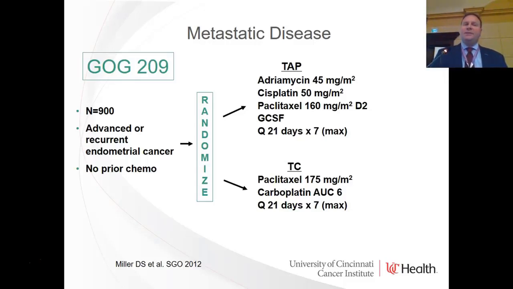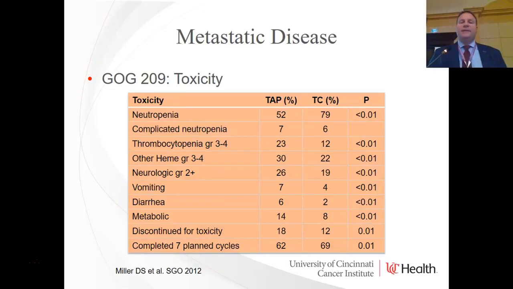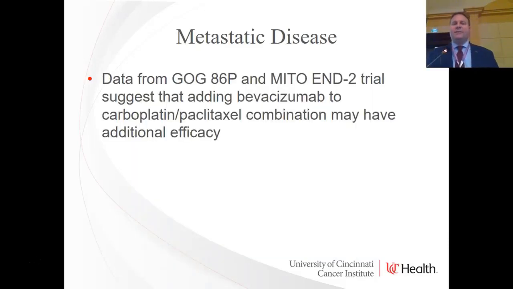the last few years when the results of the GOG 209 study were published showing a similar efficacy with carboplatin and paclitaxel to the 3-drug combination with significantly less toxicity. And so carboplatin and paclitaxel for the treatment of advanced and primary recurrent metastatic disease has certainly become the standard.